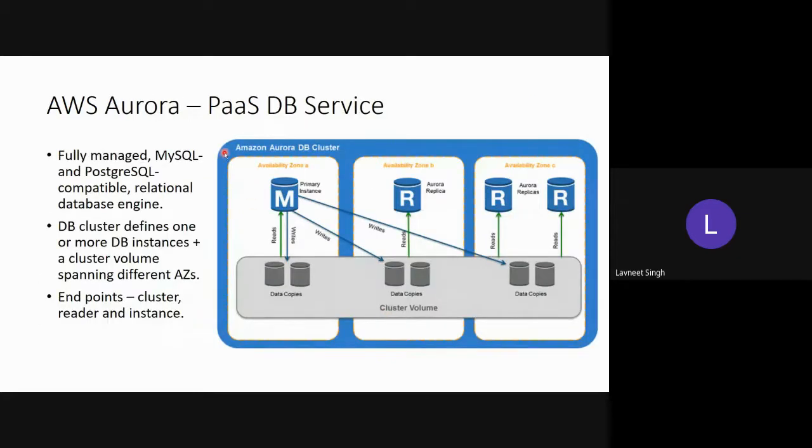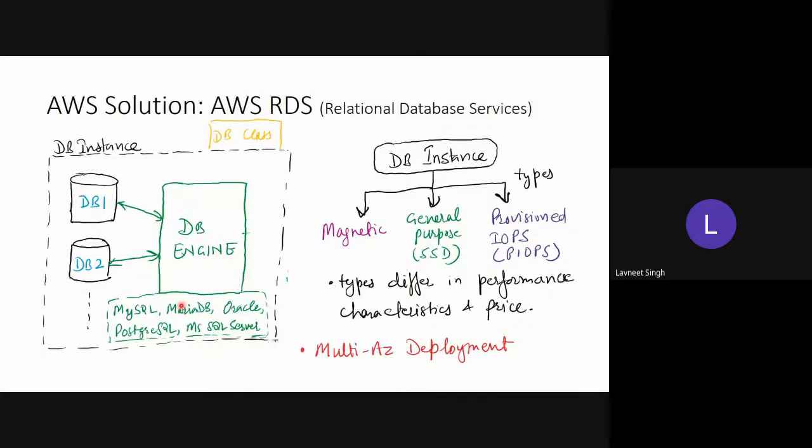Then they have another PaaS service that is called Aurora service. It is a MySQL and Postgres compatible relational database service. So it is not capable of having Oracle and MS SQL Server at the back.